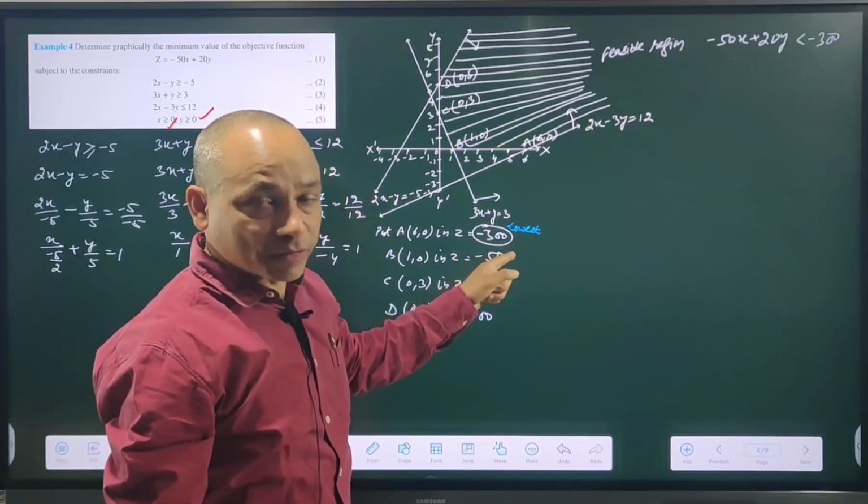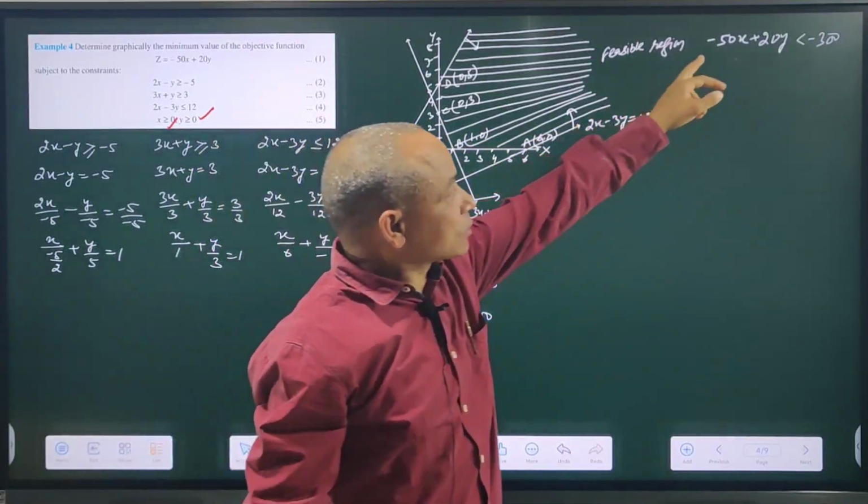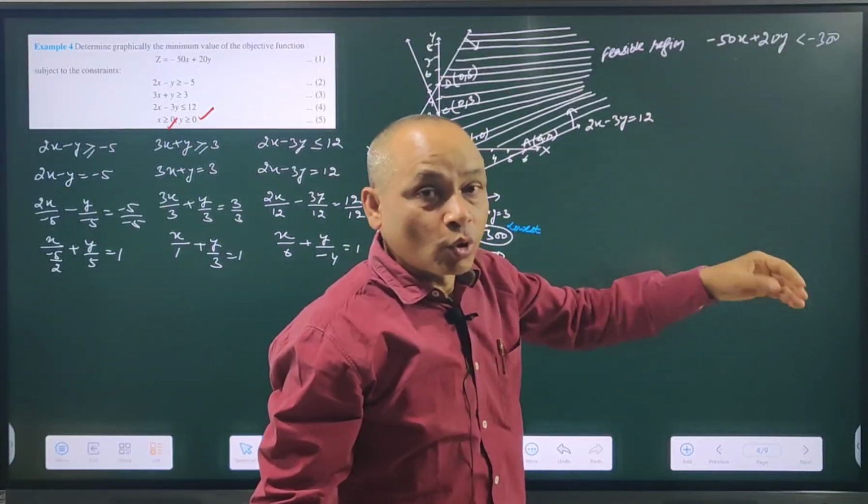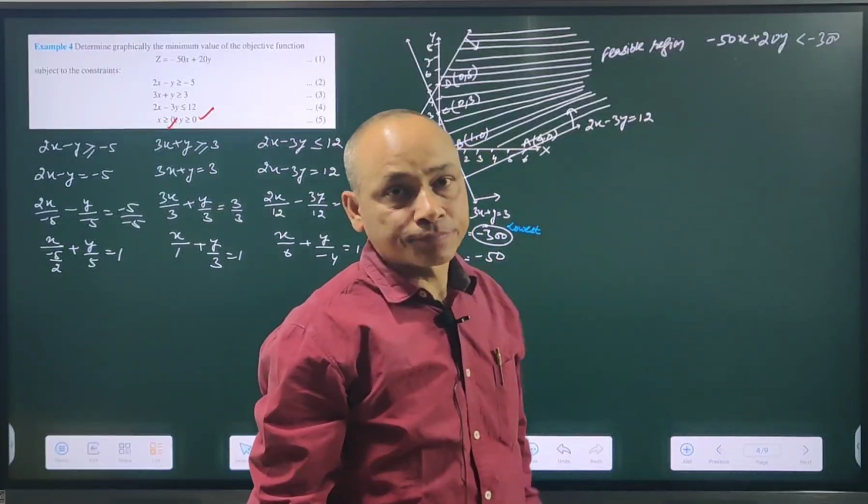This is the lowest value of Z. We'll check whether this objective function minus 50x plus 20y can have a value which is less than minus 300.